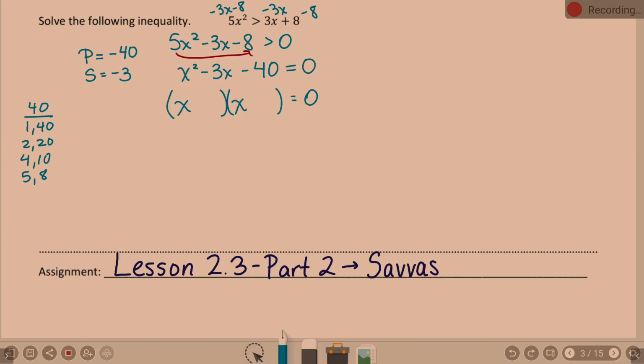And that takes us back to 8. Okay, which pair do you have working? 5 and 8. If it multiplies to be negative 40, adds to be a negative, again, larger number negative. So in my parentheses, x plus 5, x minus 8. Okay, now what?